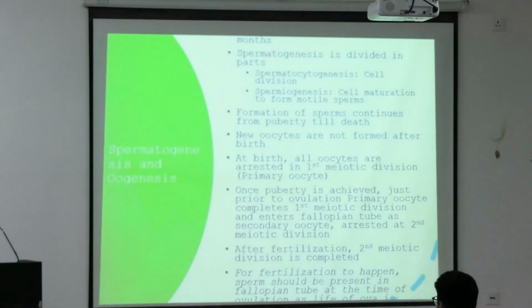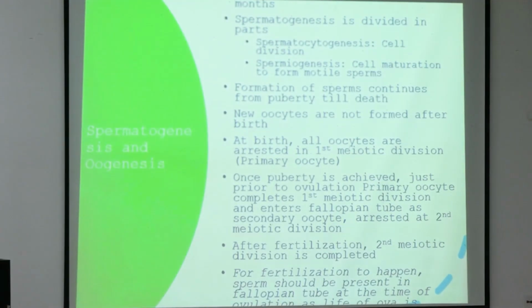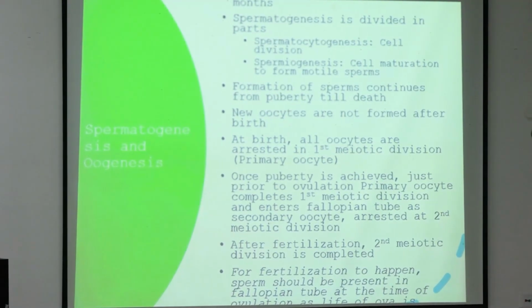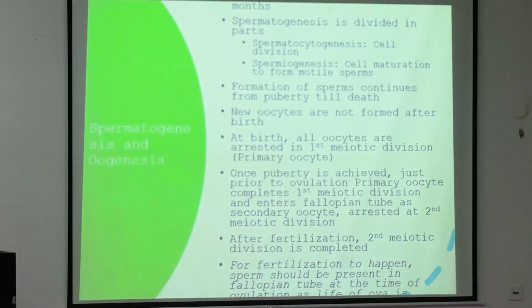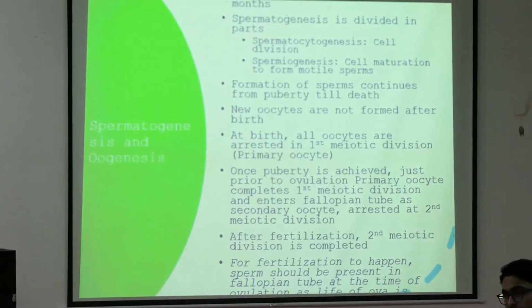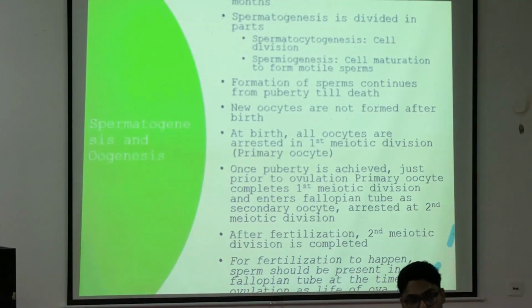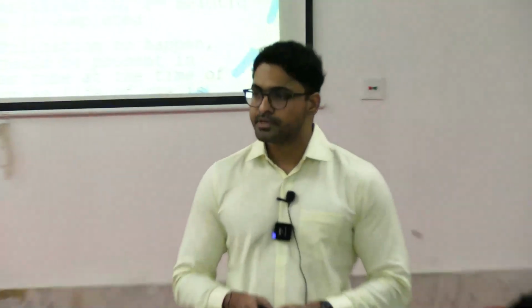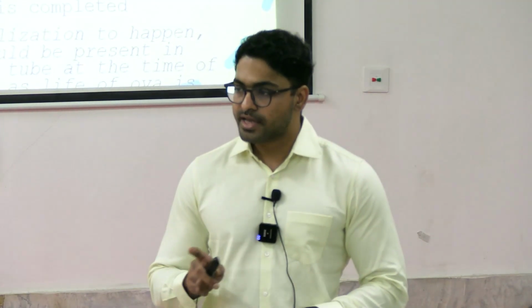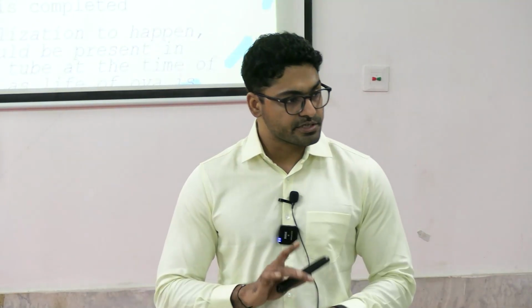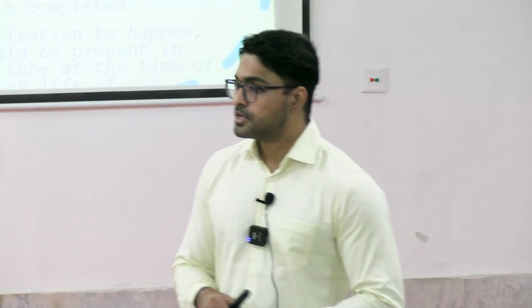So for fertilization to happen, sperm should be present in the fallopian tube at the time of ovulation, because the life of the ovum is very limited, nearly 24 hours. Right? So if the sperm is not present in that duration, fertilization cannot happen. Also remember that fertilization happens in the ampulla of the fallopian tube. So the sperm has to be present in the ampulla. So the intercourse should happen around 2 days prior or on the day of ovulation.